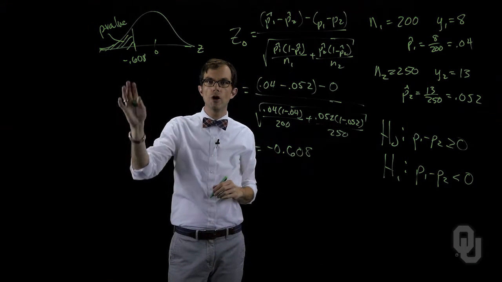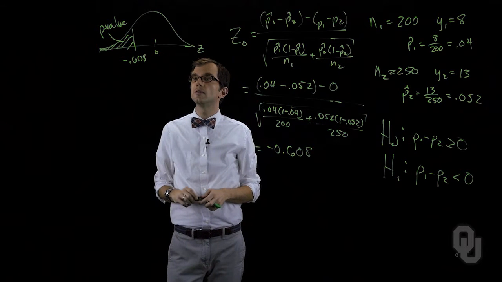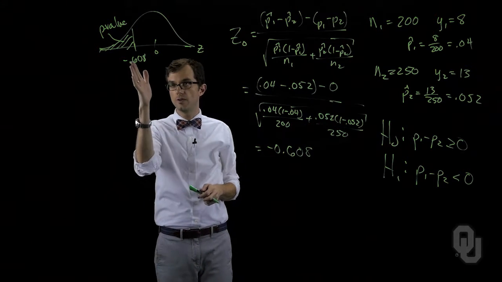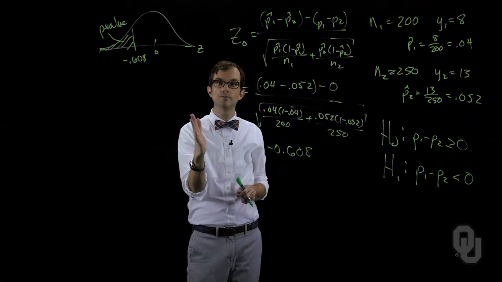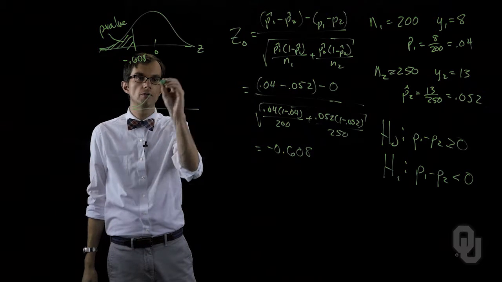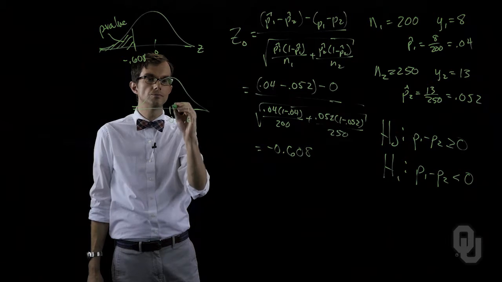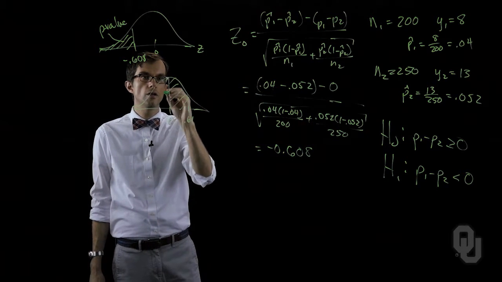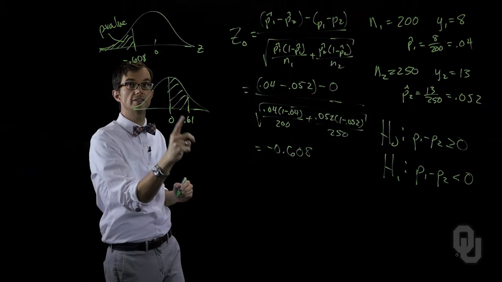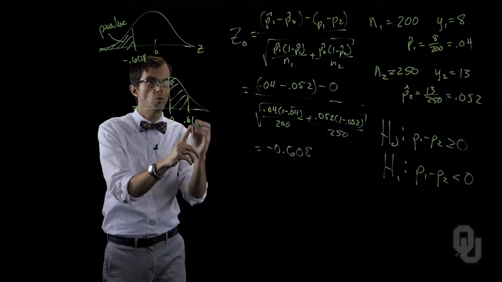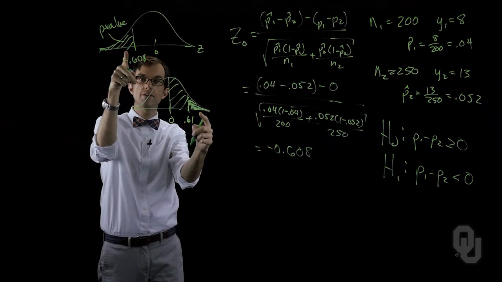If we go use Excel, or actually we could look this up in the z table. We could go down to the 0.6 row, the 0.1 column. If we remember about our table, the table gives us the area between 0 and 0.61. We want this area, which corresponds to that right there.